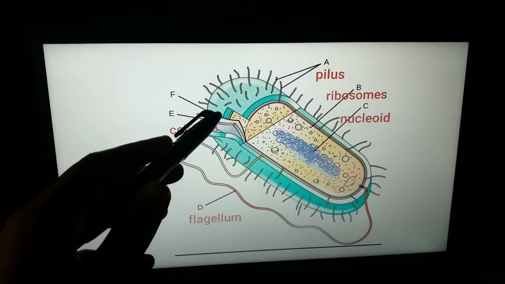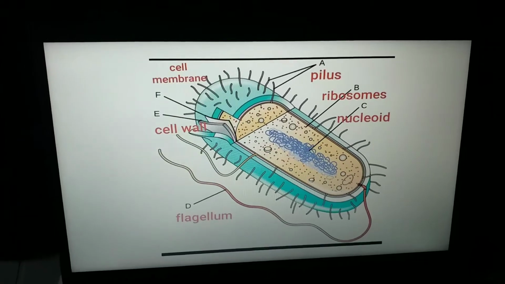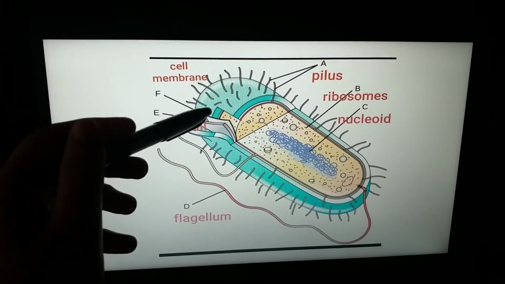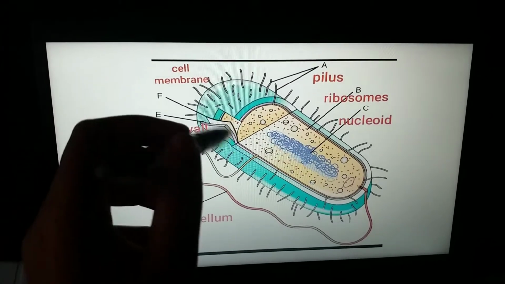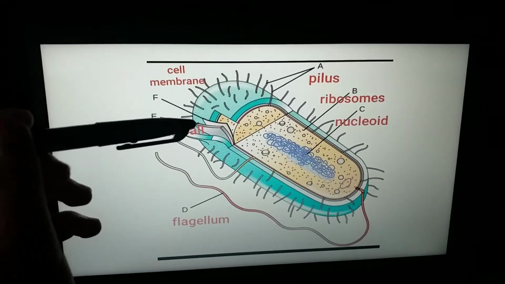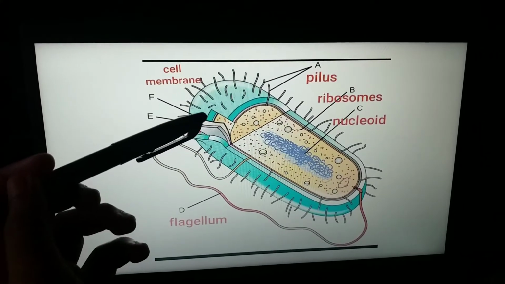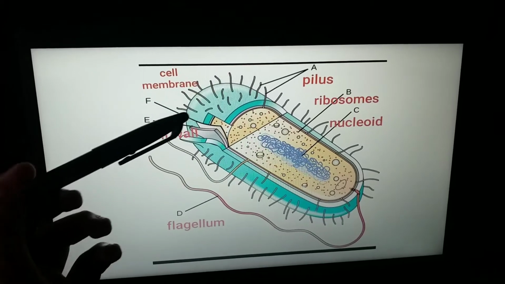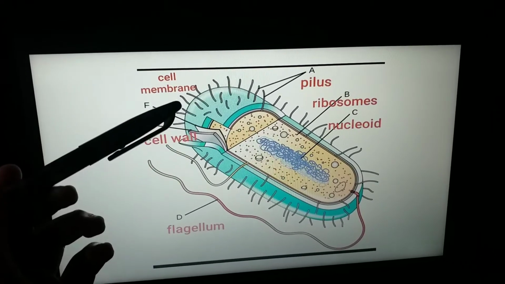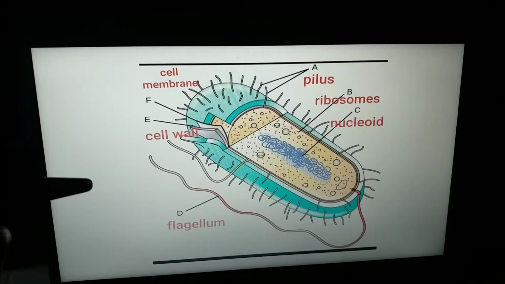While in this part is what we call the cell membrane. This is the cell membrane. It protects the cell from the outside environment and it allows food to go in and release waste substances. That's all about the eukaryotic and the prokaryotic structure.